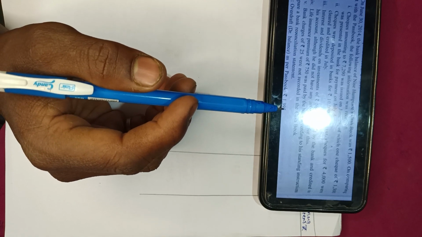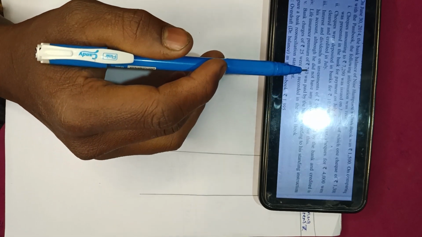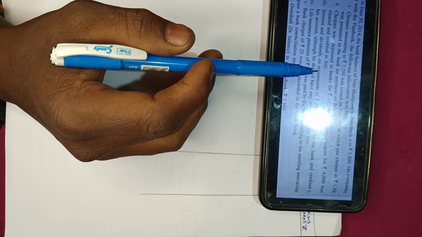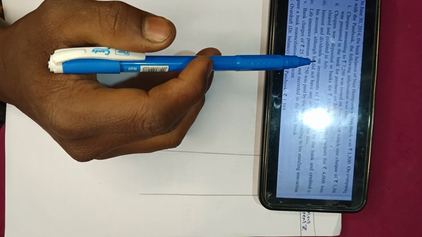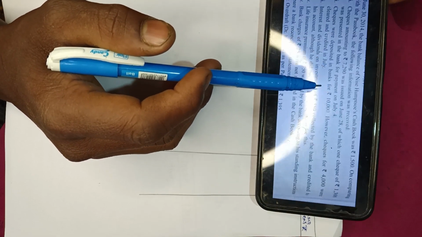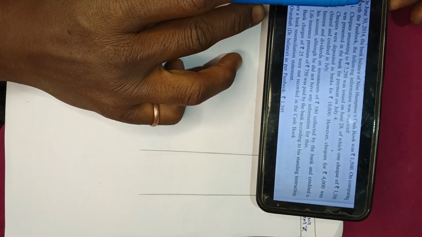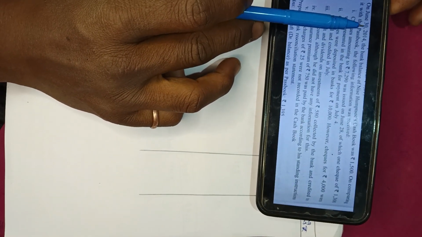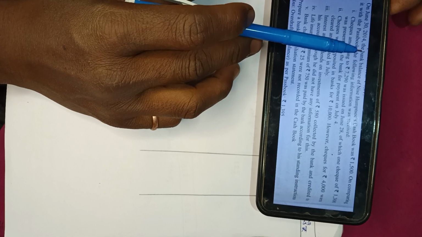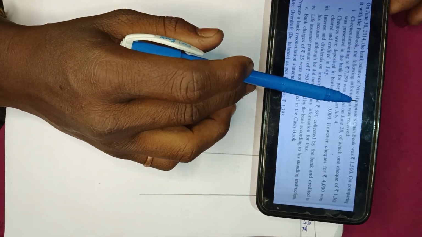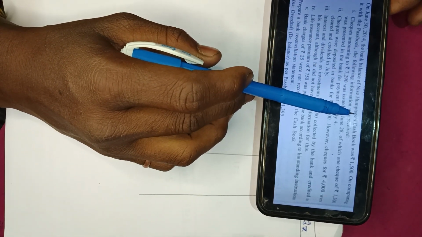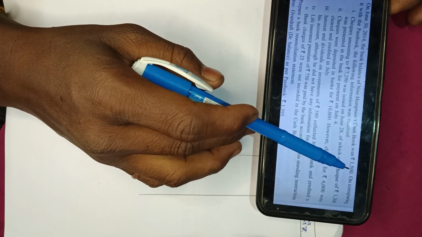In this video I'm going to solve another problem of bank reconciliation statement. Here I have brought a question. On June 30, 2014 the bank balance of Nissan Hoptisos cash book was rupees 1500.